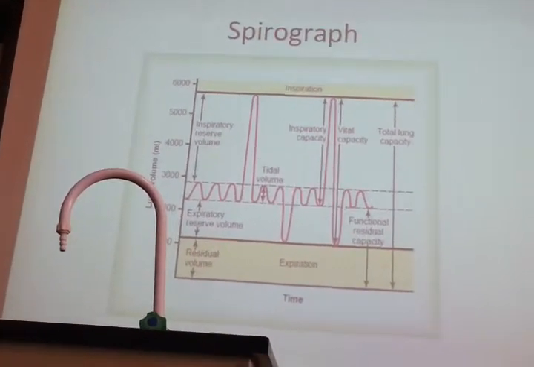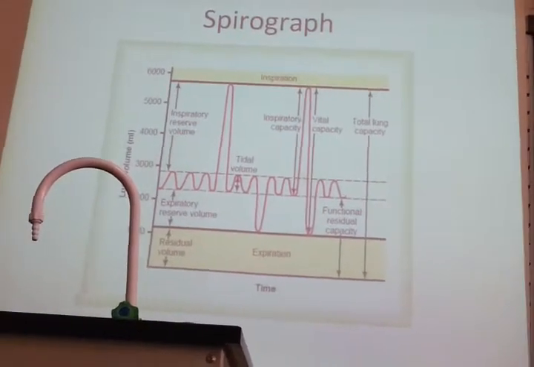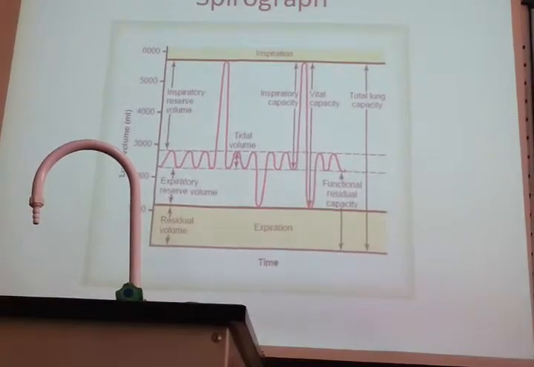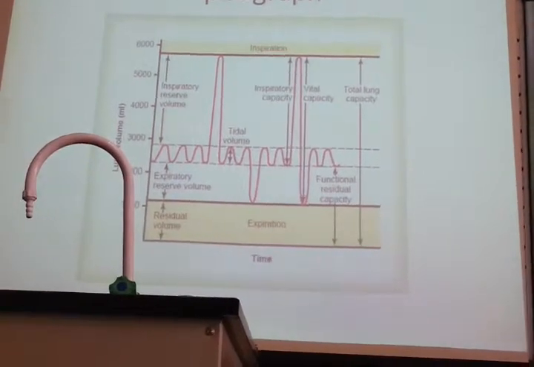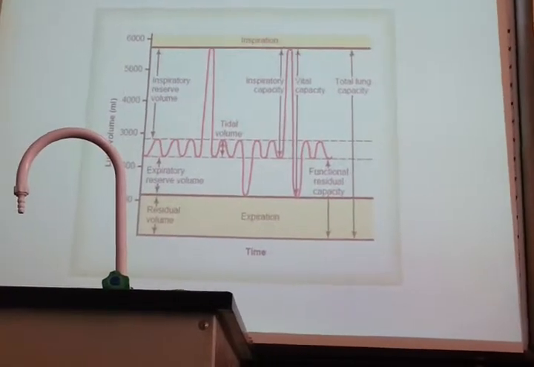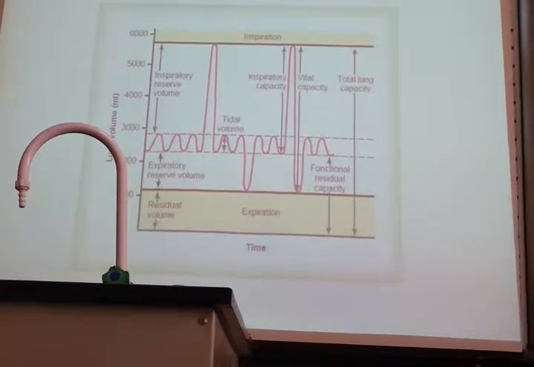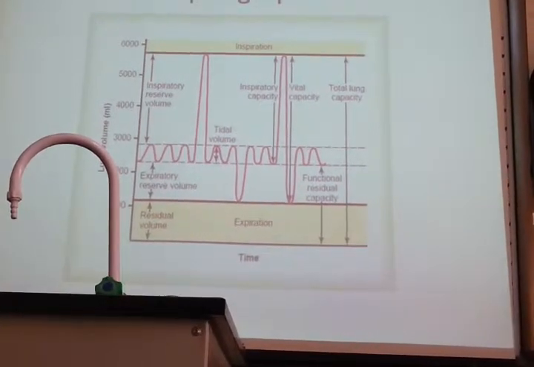Because it helps in proper functioning of the respiratory system, not the nervous system. I had a lecture this morning on the CNS, so the nervous system is coming in between. Anyway, from here to here is functional residual capacity.